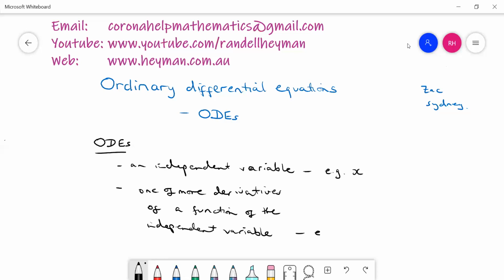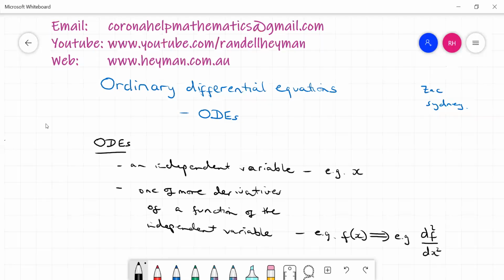So for example, the function will be f(x), and that would lead to, once again just an example, something like d squared f over dx squared, the second derivative of f with respect to x.